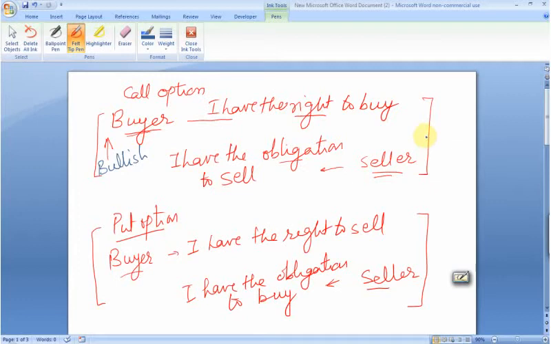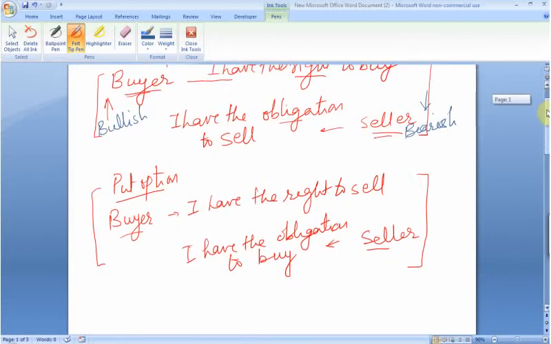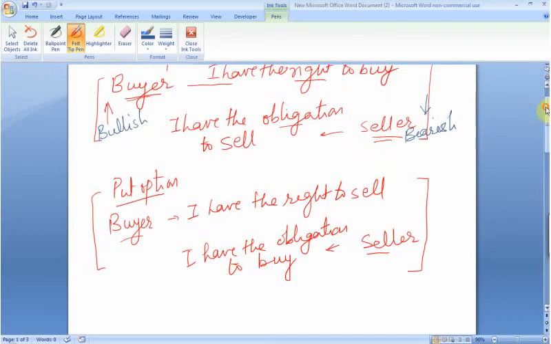So the seller wants the price to go down, and his way of looking is he wants the stock to be bearish. And in the case of a put option buyer, he wants the price to go down.